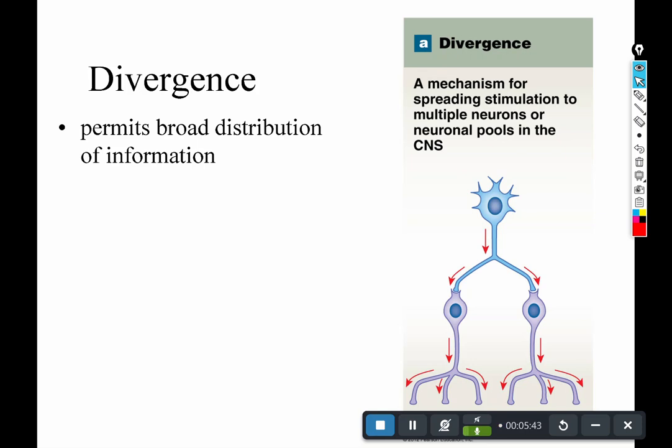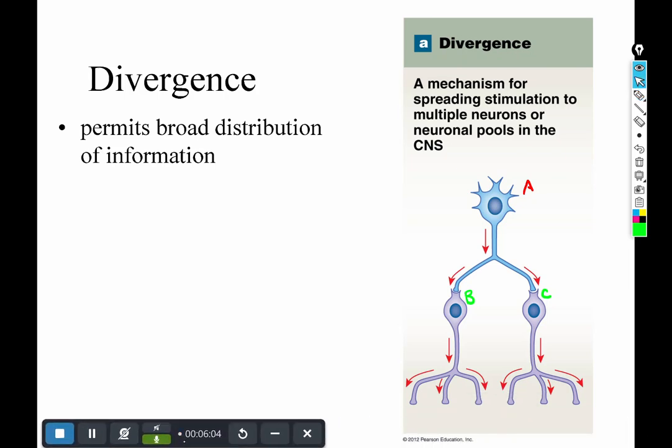If we look here, we can see that neuron A is sending 2 axon collaterals. Note there's only ever one axon, but there can be collaterals. So to neurons B and C. And then neurons B and C can each send that signal down the line to neurons D, E, F, G, H, and I, for example.